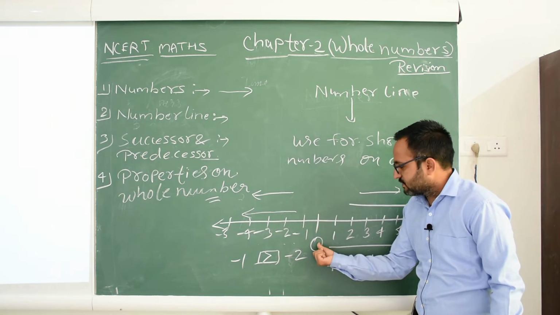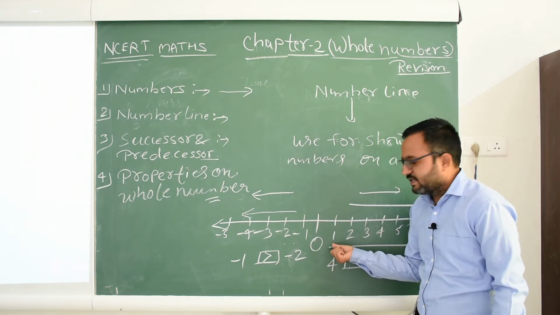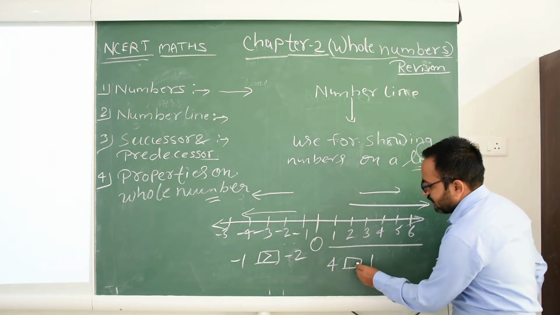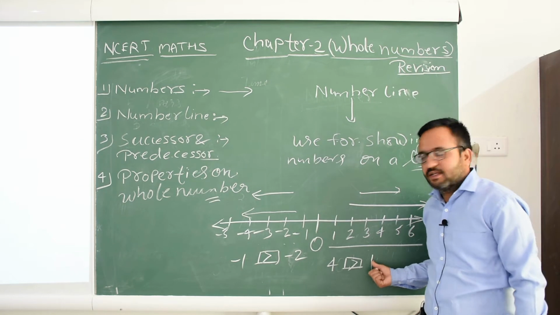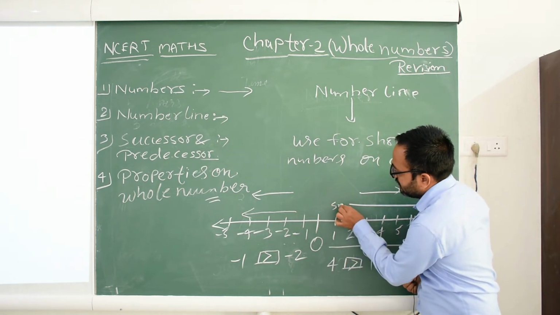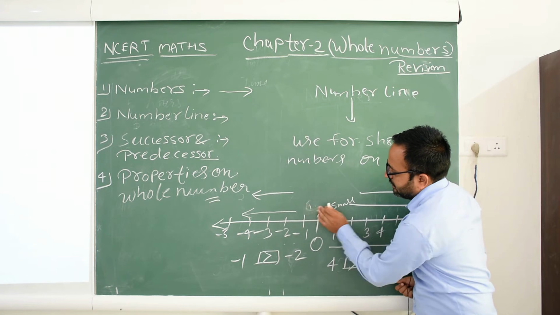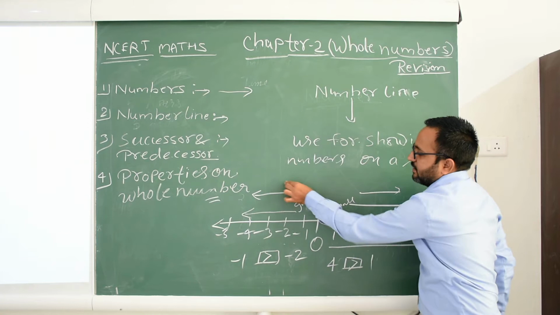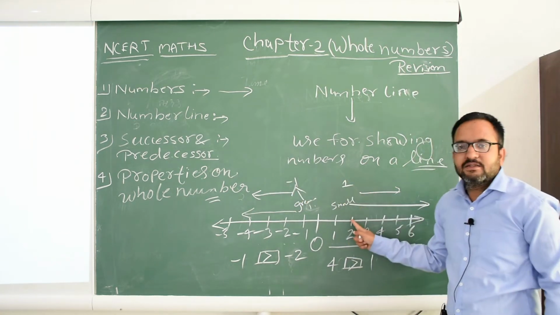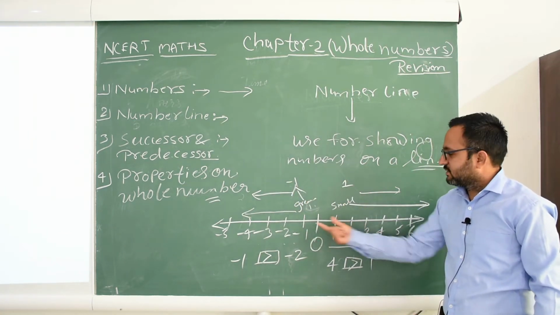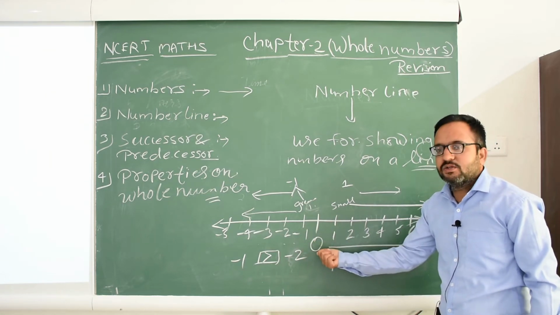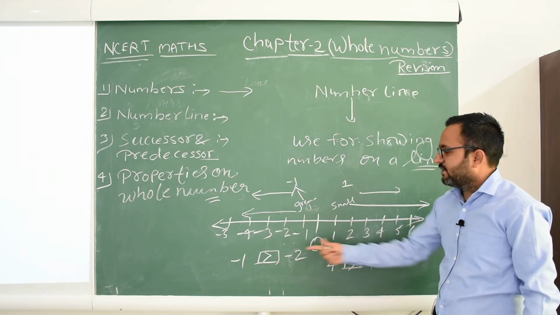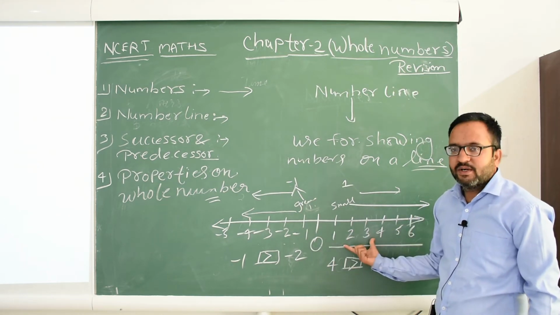We can say 1 is nearest to 0. So on the positive side, 1 is the smallest number. That means minus 1 is the greatest among the negatives, and plus 1 is the smallest among the positives, because 1 and minus 1 are nearest to 0. This is the concept of positive and negative numbers on a number line.